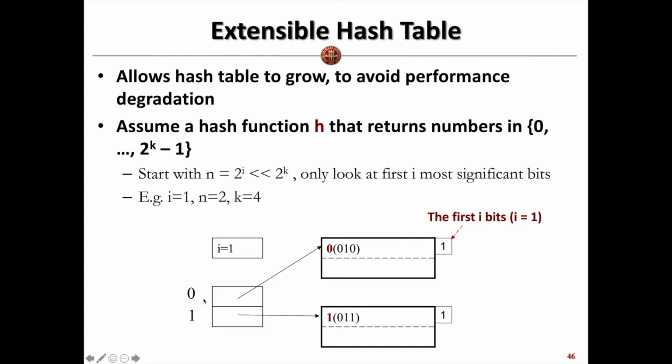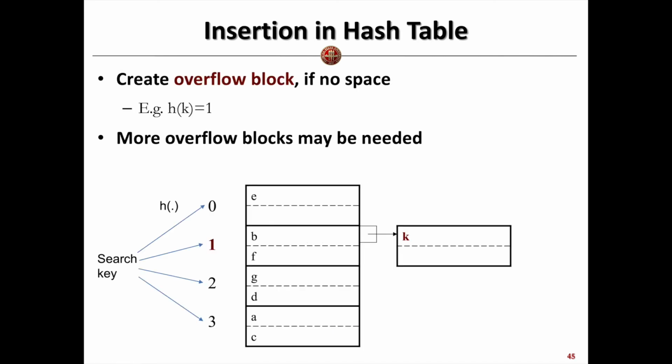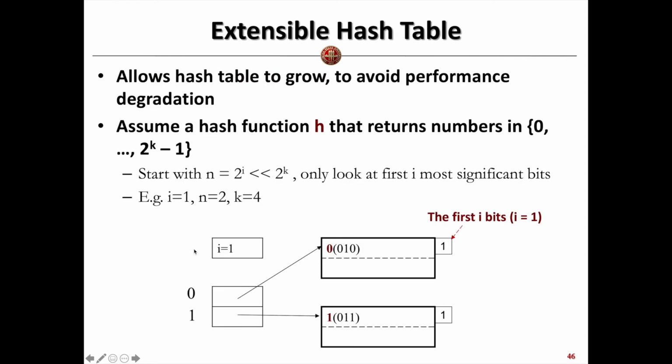We only use the first I bits in the key as the input for the hash function. I hope you can follow me. Before, we used the whole input key via the hash function to project it to some of the buckets. However, for this extensible hash table, we only use a subset of an input key for defining its hash function. We use the first I bits of the key. You can follow me, right?